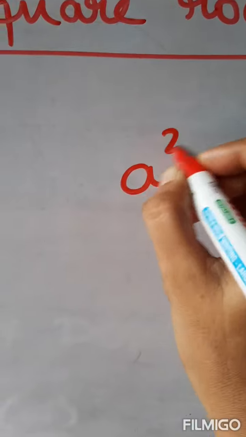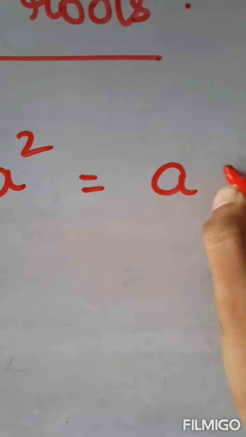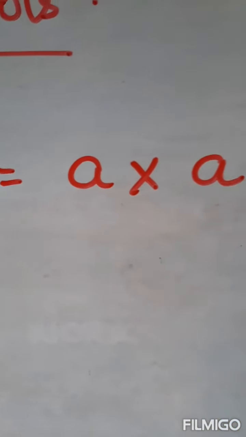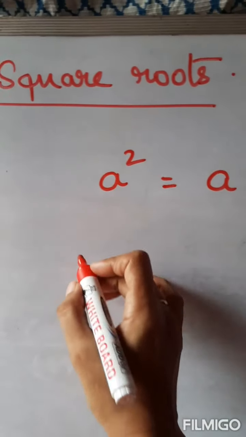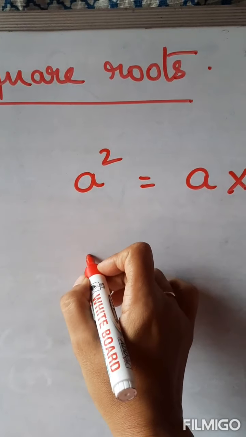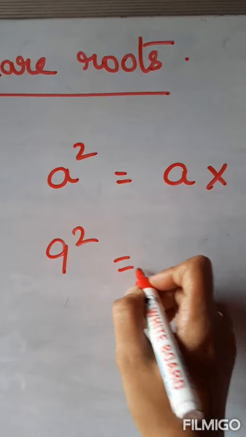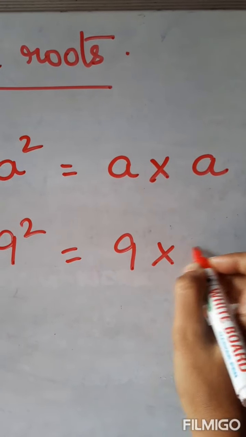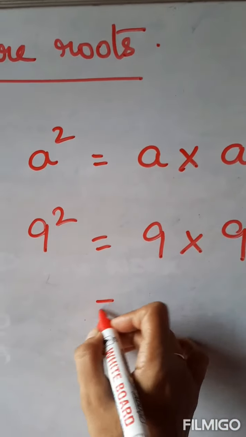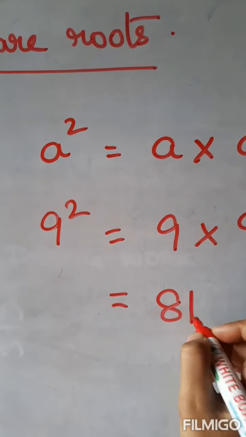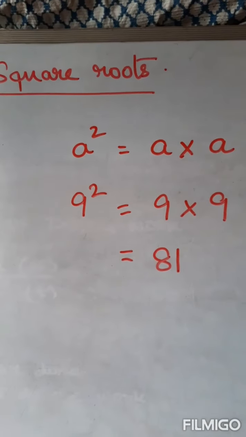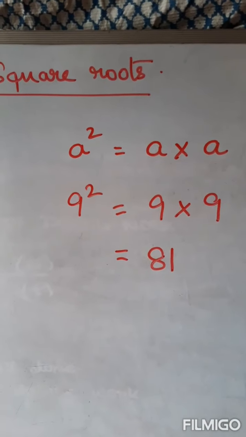A square means A into A. Therefore, 9 square is 9 into 9, that is 81. So in this way we get the square numbers.